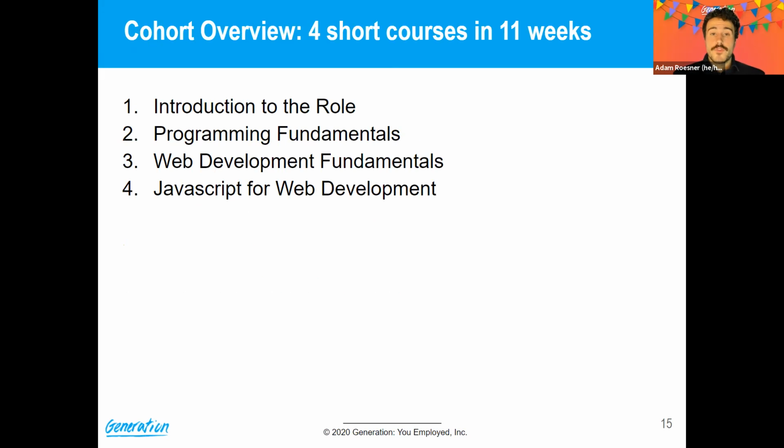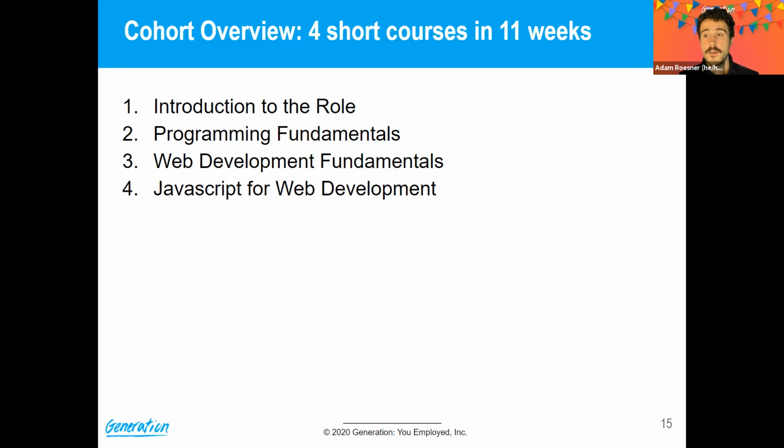This program is 4 short courses in 21 weeks, not 11, 21 weeks. The courses are broken up as follows: introduction to the role. What is a web developer? What do they do? Programming fundamentals. What are the very core foundational ideas and concepts of programming? Web development fundamentals. What are the sort of one step further down that path?